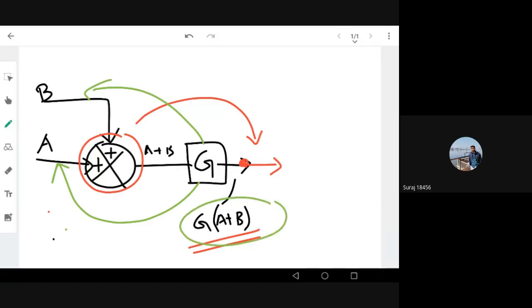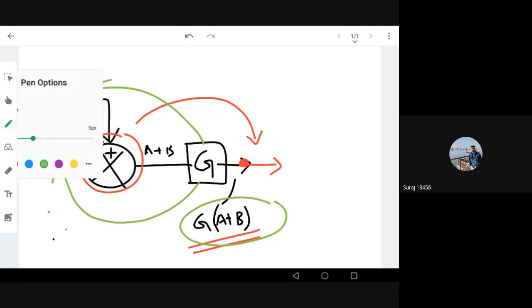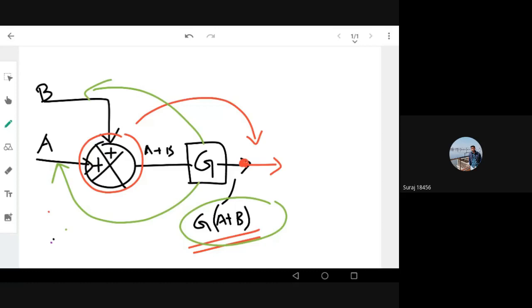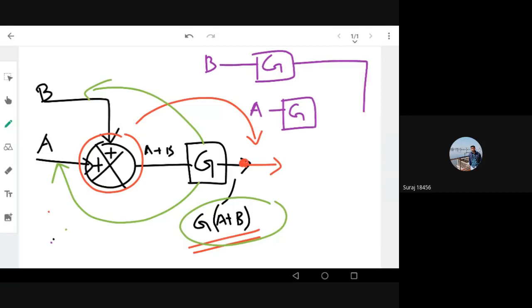So the net resultant after moving the summing point ahead of the block is that B goes with the gain G, and A also goes with the gain G. Again, these get into the summing block, which is also plus, and this is also plus.